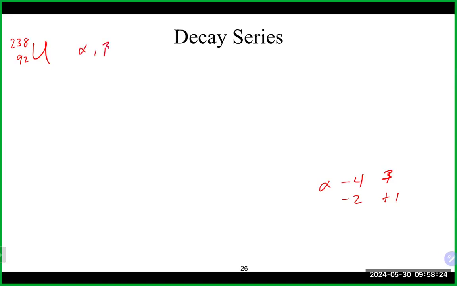We'll just do a short series here. It will not hit something stable at this point, but just to show you how this process works. Let's just say it went through an alpha, beta, beta, alpha decay series, or the start of this decay series. So if you're going to do it like we did with our equations, what you would do is go with your uranium 238 to start with.